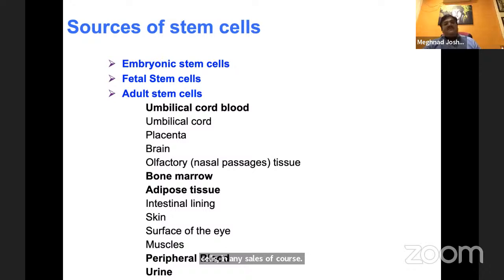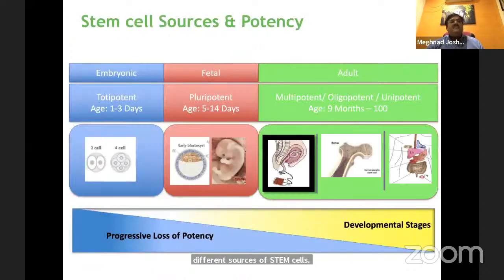These are the different sources: umbilical cord blood, cord tissue, placenta, brain, olfactory or nasal passage, bone marrow, adipose tissue, intestinal lining, skin, surface of the eye, muscle, peripheral blood, and urine. So these are the different sources of stem cells from adult origin.